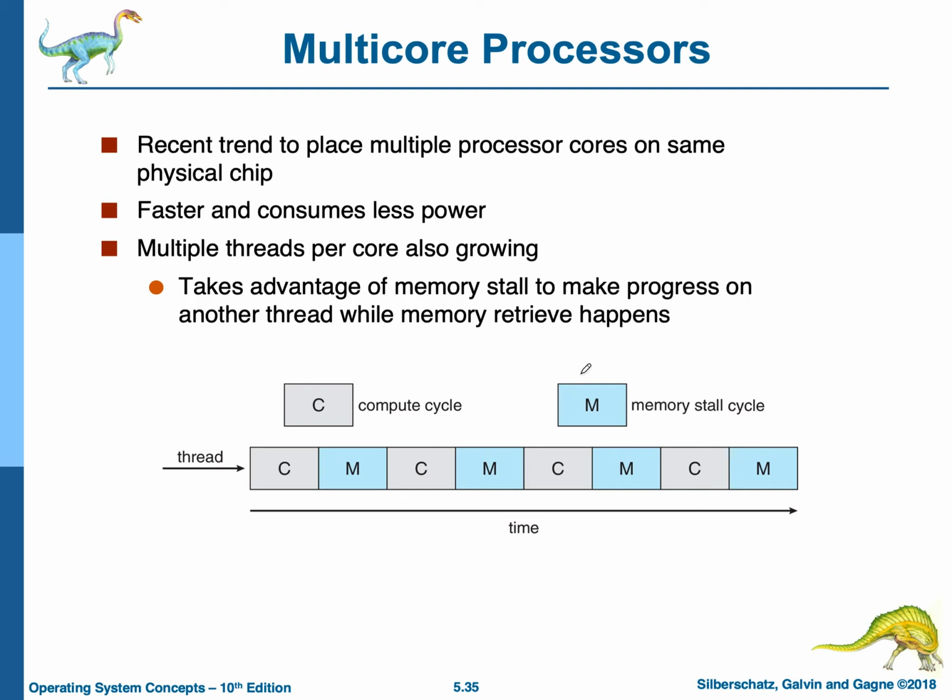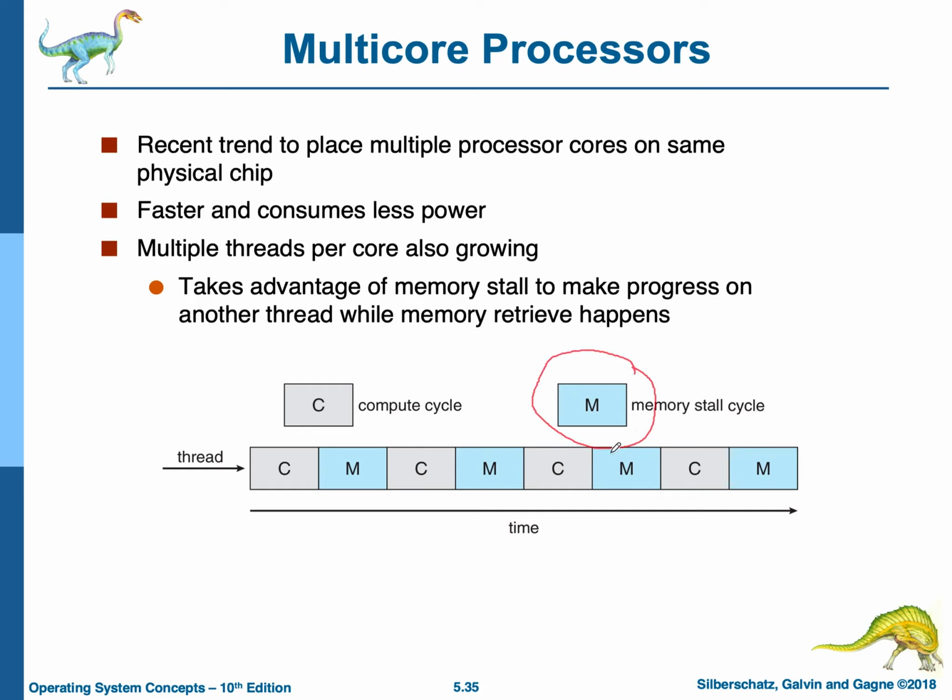So one main reason is that processors are fast and the memory is slow. Another thing is cache miss. Cache miss means data is missing from the cache: the processor is trying to access some data from the cache, but the data is not available in the cache. So mostly due to memory problems, we have a memory stall here.